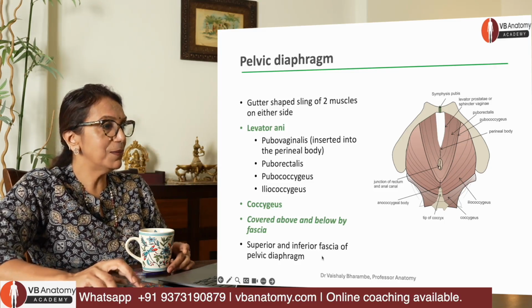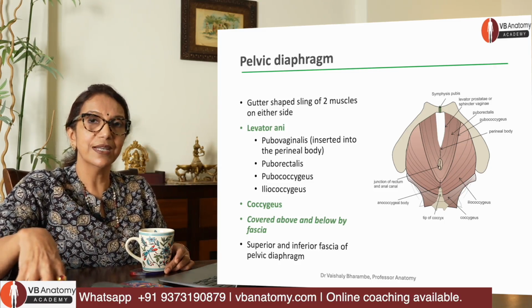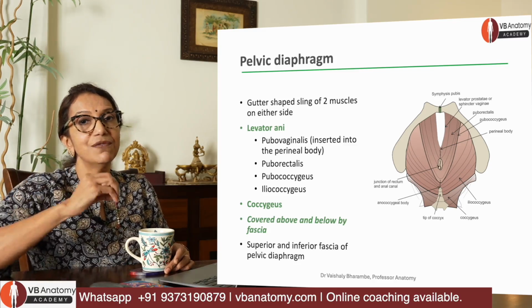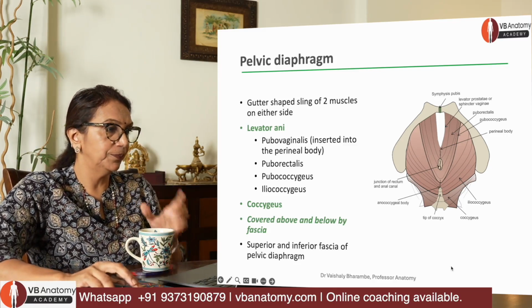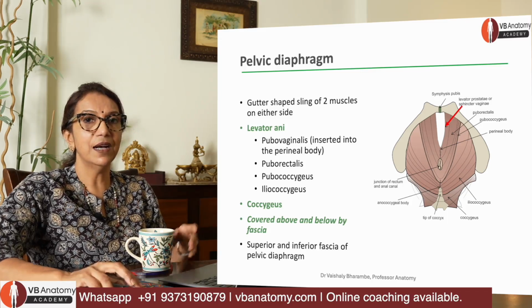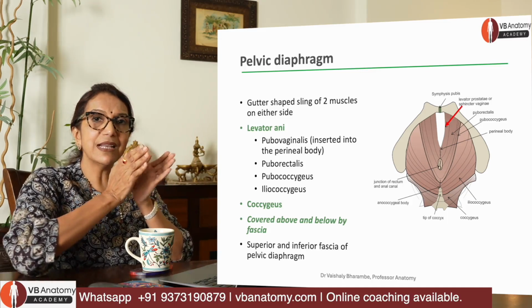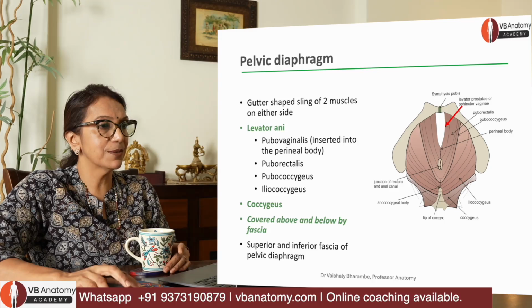So the pelvic diaphragm is basically two muscles together, levator ani and coccygeus. Levator ani itself has several parts to it, each of which is a part of the support of the uterus. So here you are seeing the sphincter vaginae, a muscle that's winding around the vagina, reducing the size of the urogenital hiatus, preventing prolapse.